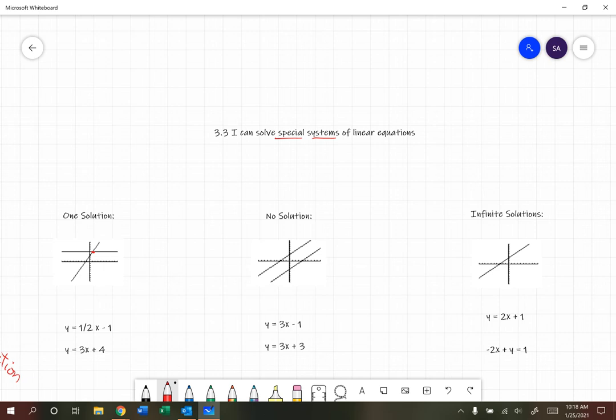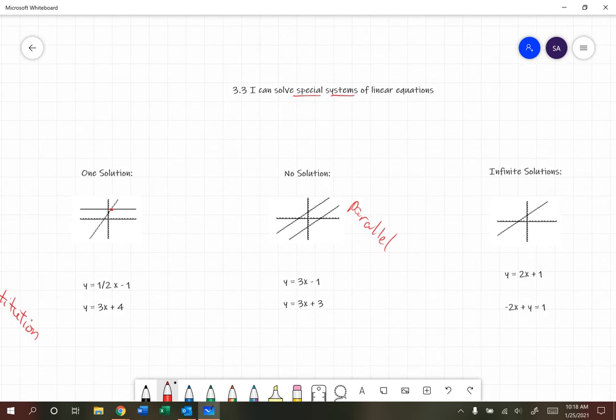There is no solution if when you graph them, they never cross, which means they are parallel. And there is an infinite number of solutions if the two equations end up being the same line. So they're right on top of each other, which means they cross each other at an infinite number of spots on the line. So graphing, we can easily see it.